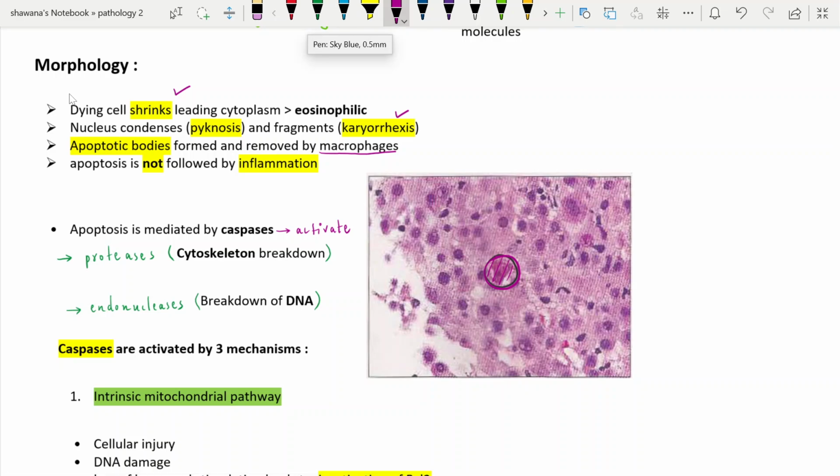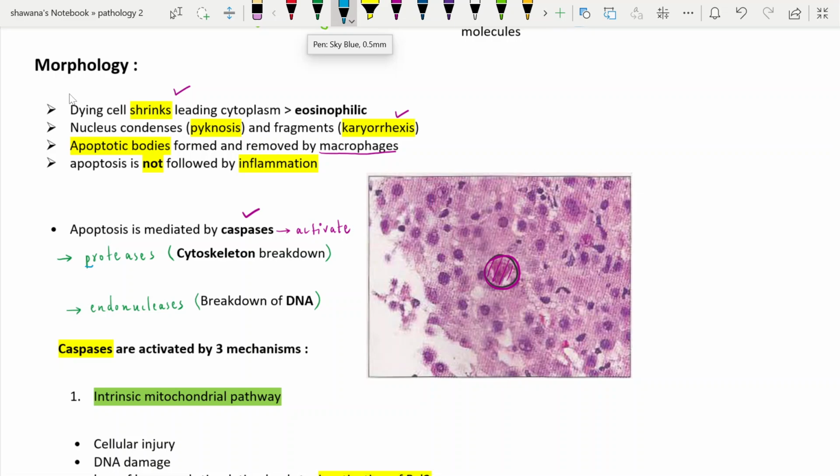What is the mechanism of apoptosis? I can briefly explain that it's mediated by caspases. How does a cell know that it is going to die or undergo apoptosis? It is due to caspase activation, and caspases activate proteases and endonucleases and other enzymes that result in cell breakdown. Caspases mostly, 90%, activate proteases.